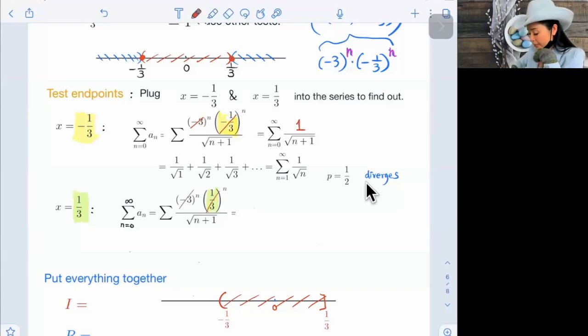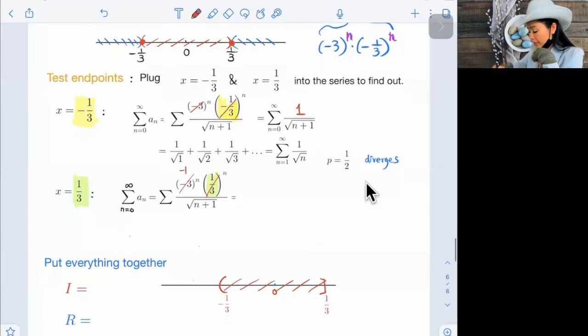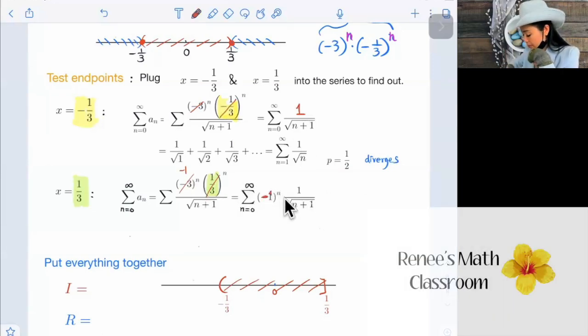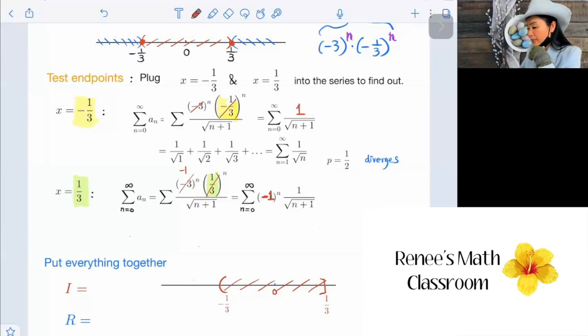Negative 1, right? So it will be negative 1 to the n power. So the difference is that this one has the alternating sign, negative 1 to the n power.